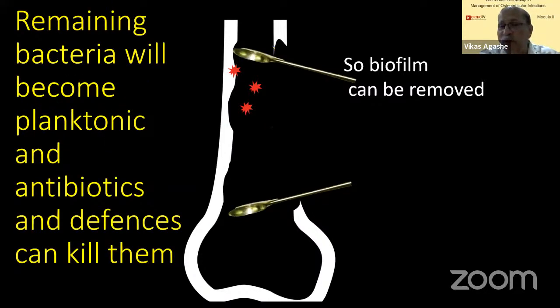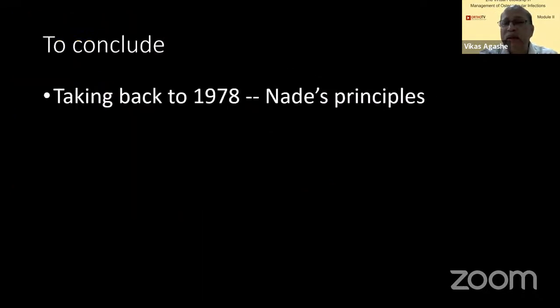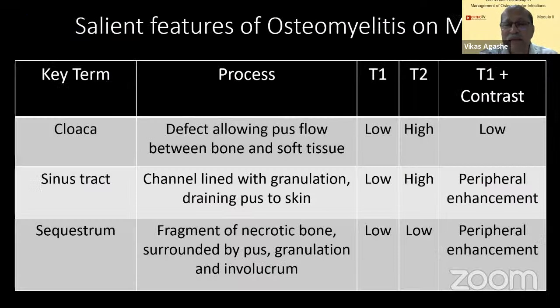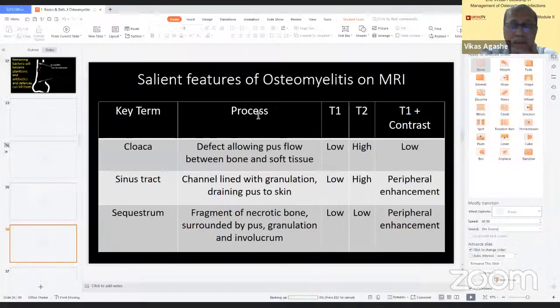Moment you remove the biofilm, the bacteria, whatever are remaining, go back in planktonic form, which can be removed. So, friends, remember, there is hardly anything like acute and chronic osteomyelitis, especially in adults.